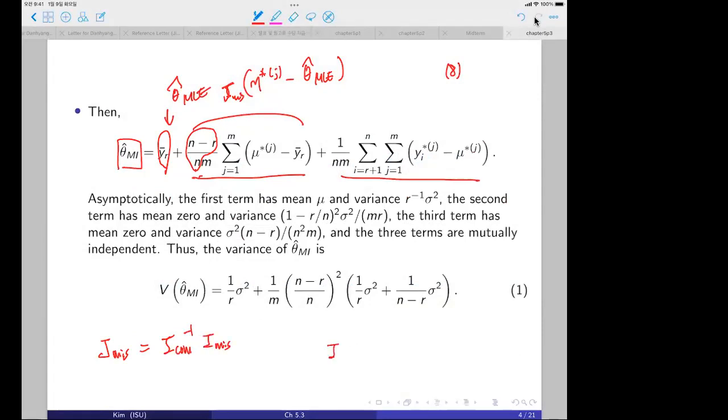I com is n times, in this case, sigma square, and I miss is n minus r times sigma square, something like that. So this one is J miss. And then you average them over J.